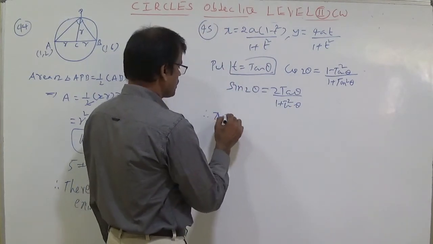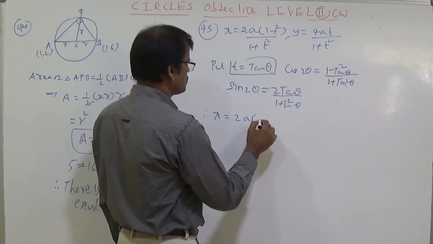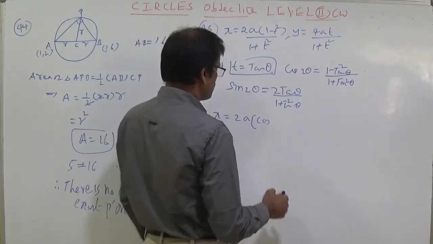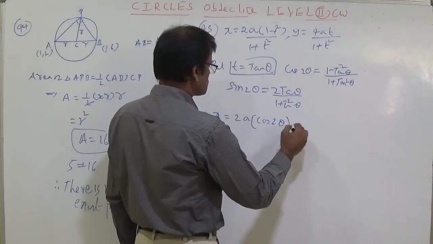Therefore, you can write x is equal to 2a into (1 minus t square) by (1 plus t square), so 2a into cos 2 theta.